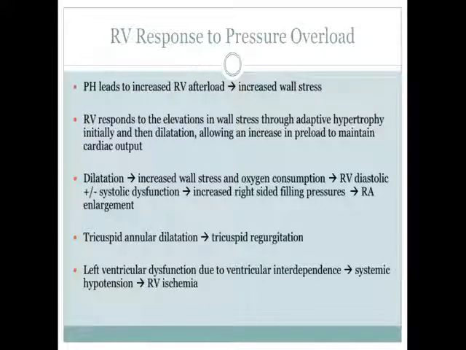But eventually that increases your wall stress and your oxygen consumption. You get heart failure and increased pressures, leading to tricuspid regurgitation, etc., and left-sided failure, as we talked about.